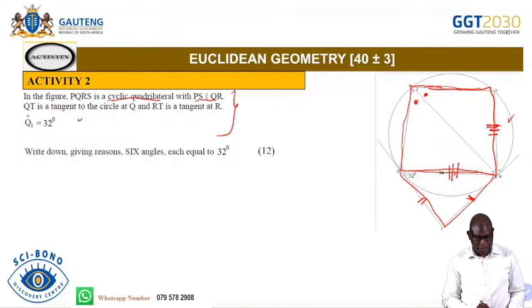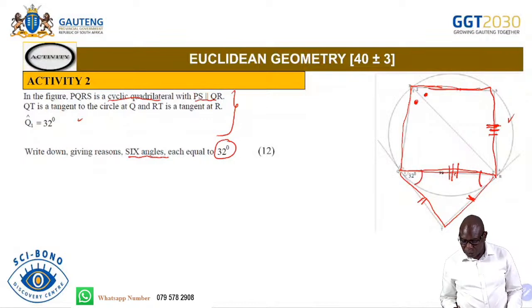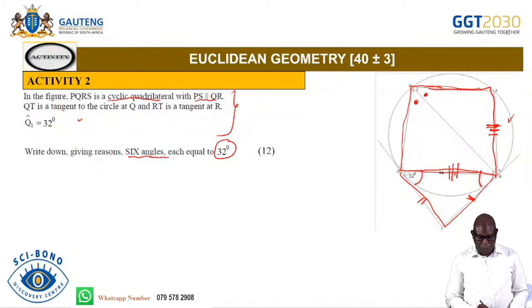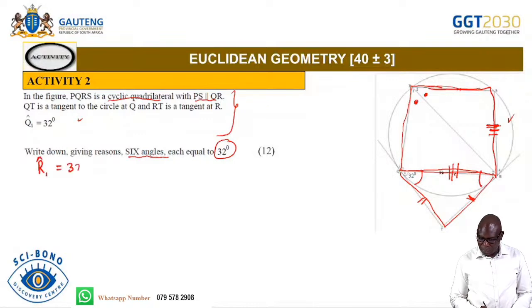But let's read the question. Write down, giving reasons, 6 angles equal to 32. So which means that in this diagram, there are 6 angles that equal 32. First, I can see this one and that one are equal. So that one is going to be R1. So I can write down now R1 equals 32 degrees.